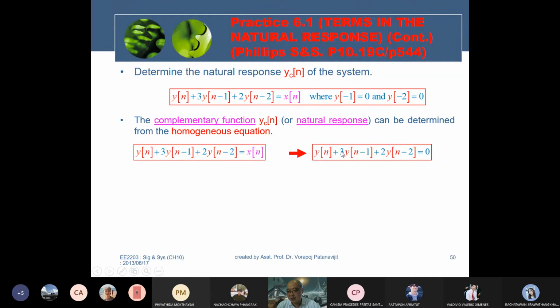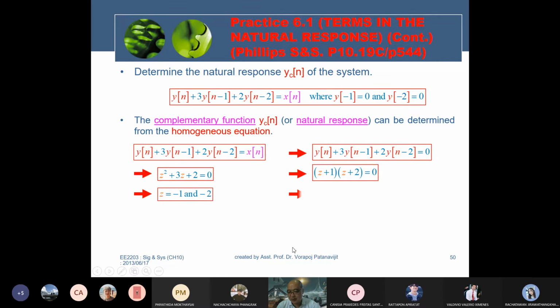Therefore, you get yn plus 3yn minus 1 plus 2yn minus 2. The characteristic equation is z power 2 plus 3z plus 2 equal to 0. You can factorize it and it gives you minus 1 and minus 2. The complementary function in this case equals c1 minus 1 power n plus c2 minus 2 power n.